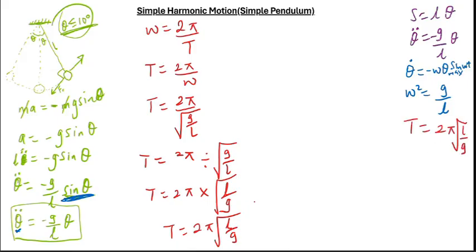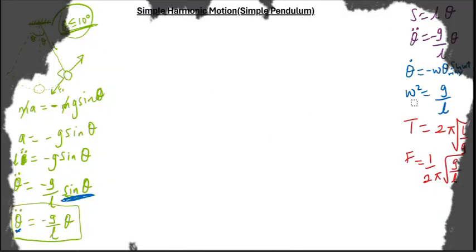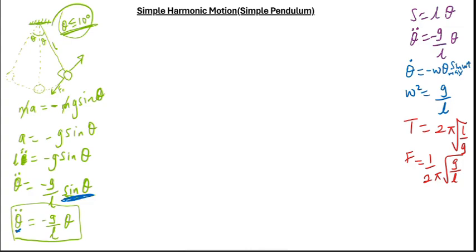That's our frequency. Our frequency is equal to 1 over period, and since frequency is 1 over period, we reverse everything that is here, which is 1 over 2 pi times the square root of g over l. If you look at these equations very well, you can see that our angular frequency depends only on gravity and our length.